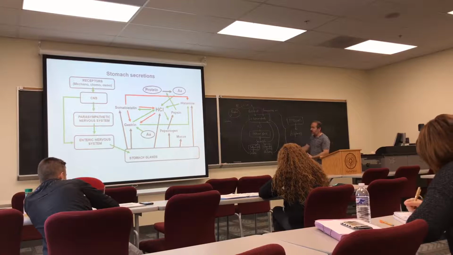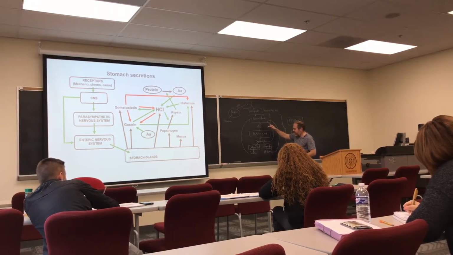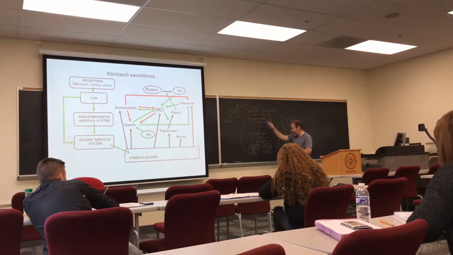Now, all these things, the secretion of hydrochloric acid, the secretion of somatostatin regulating this, gastrin regulating that, histamine, and so on, each one of the factors has a specific response, right? So the specific response of this endocrine gland is the secretion of somatostatin.